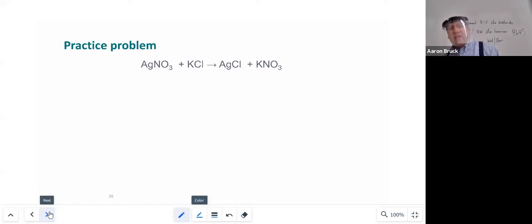All right, let's take a look at an example. In this example, we have silver nitrate reacting with potassium chloride to give us silver chloride and potassium nitrate.